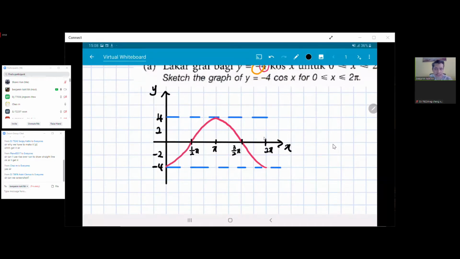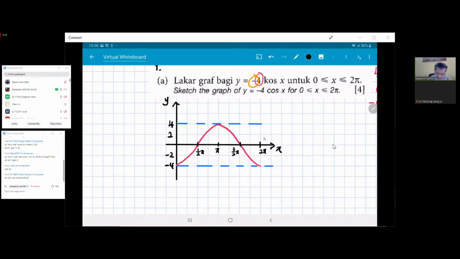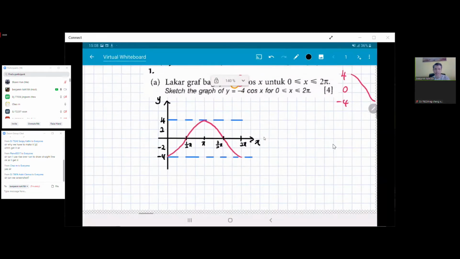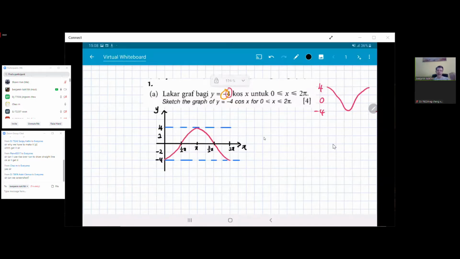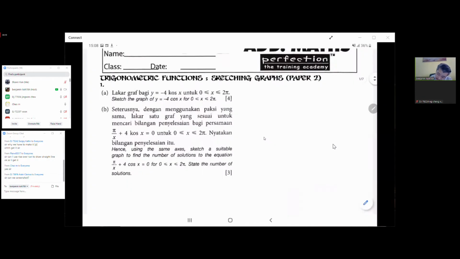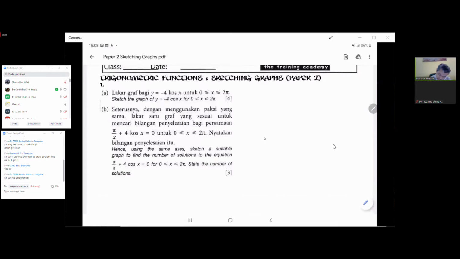Once you've done the part A, now the next one is the part B. In the earlier question, we drew a straight line, and we have to combine the part A dengan the part B. So let's put it at the side here so we can make a comparison.